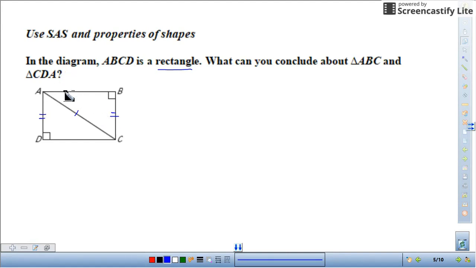And we also know that AB is going to be congruent to DC. So when we label those, we can see that, in fact, we do now have enough information to be able to say that these two triangles would be congruent based on side angle side. So we can conclude that they are congruent.